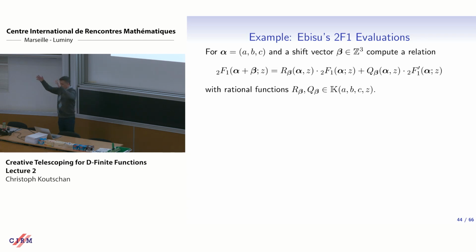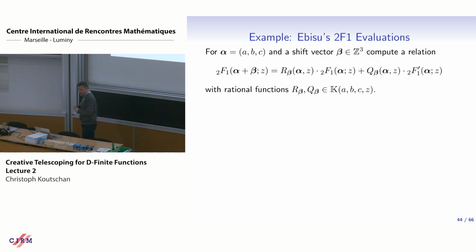Okay, and now let me give a small application of how you see that it is useful to compute in these ideals, what we can do with that. So at the very beginning of the first lecture, I showed you some set of motivating examples, and one of these examples was to find special evaluations of hypergeometric functions.